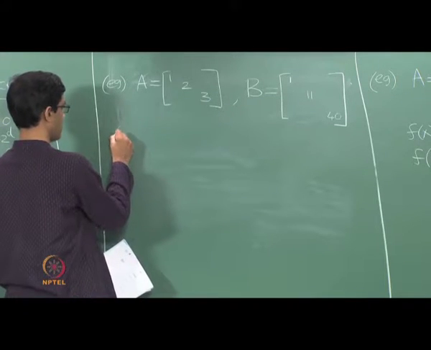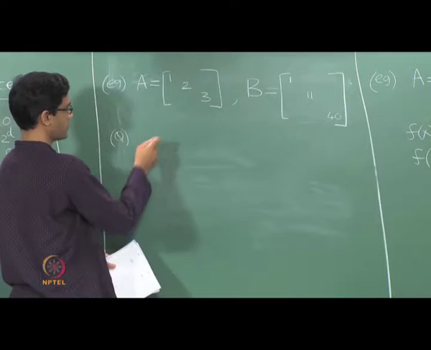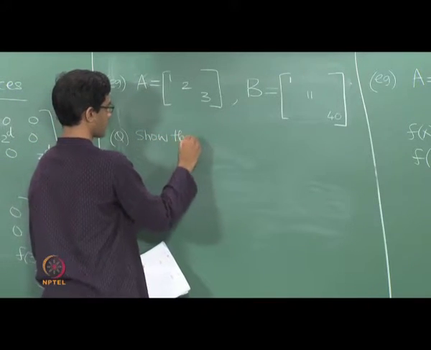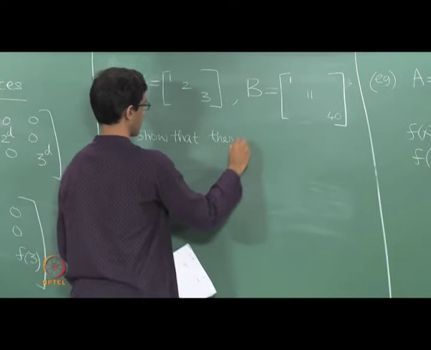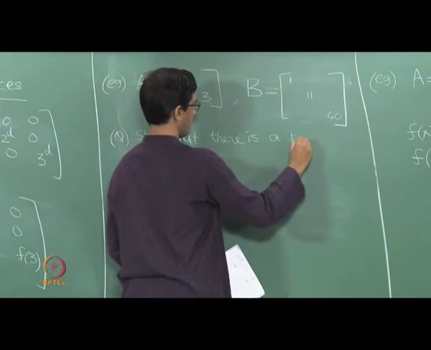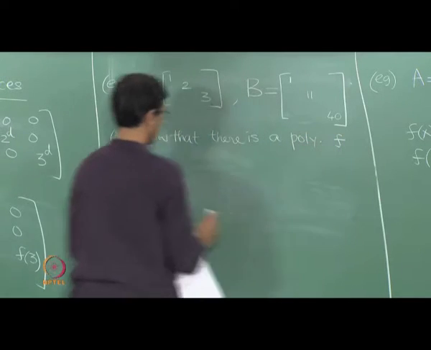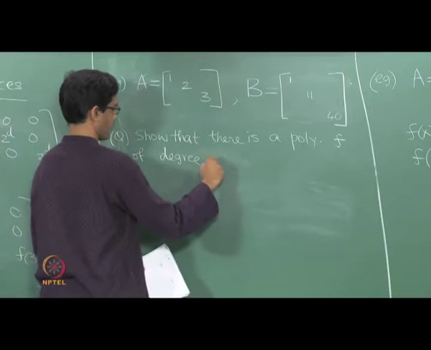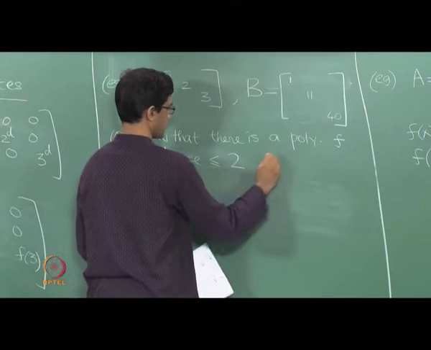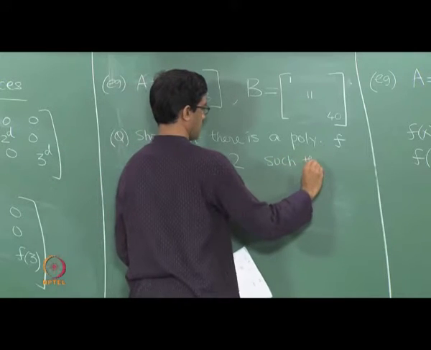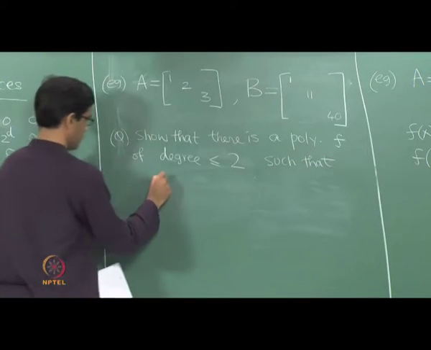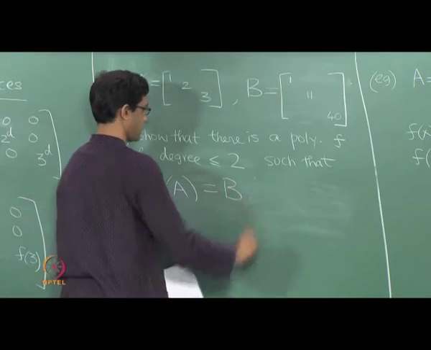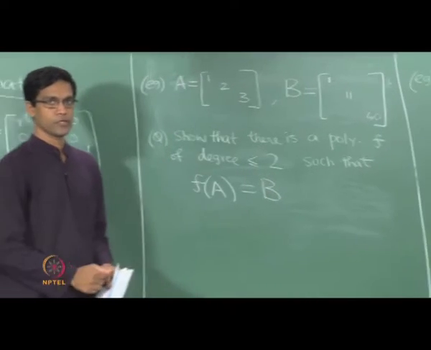Now here's the problem or question: show that there is a polynomial f of degree at most 2 such that when you apply f to the matrix A, it produces the matrix B. Okay, so here's the problem.